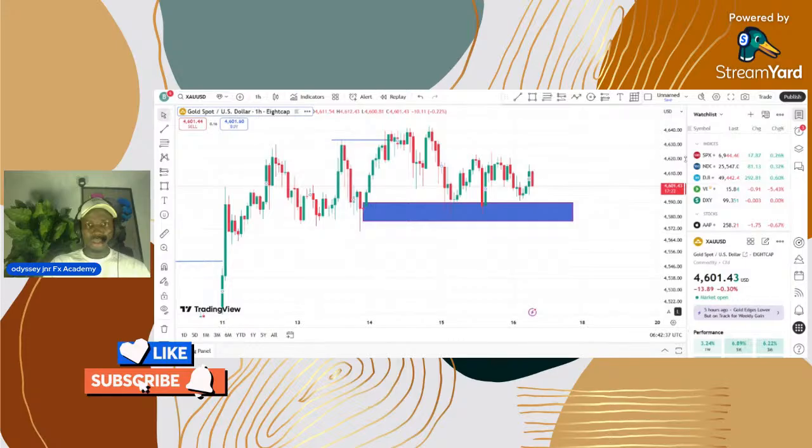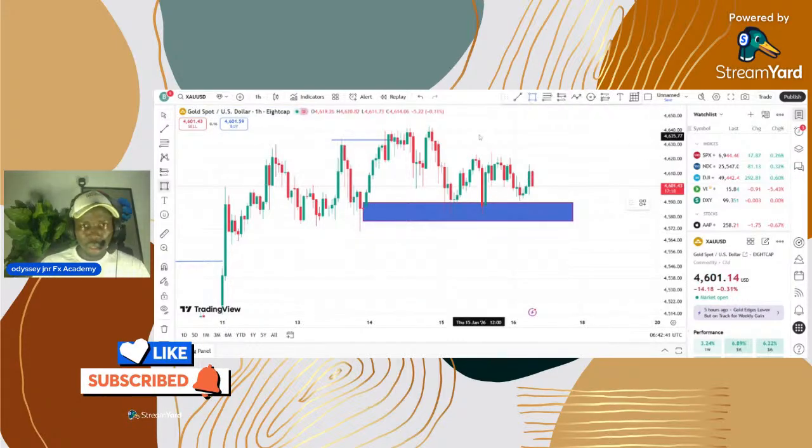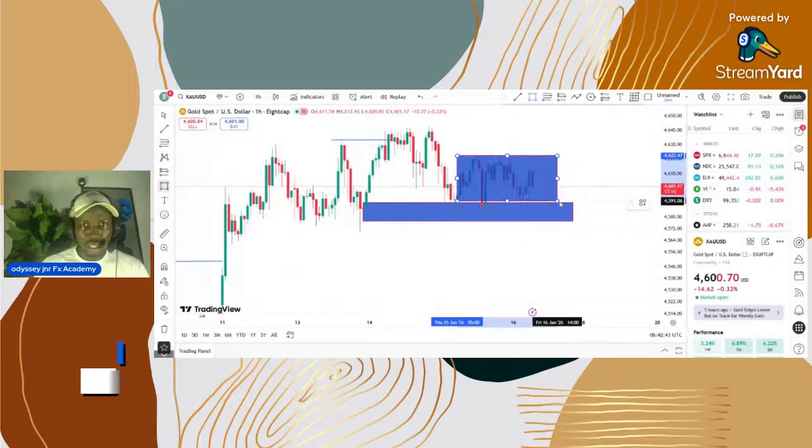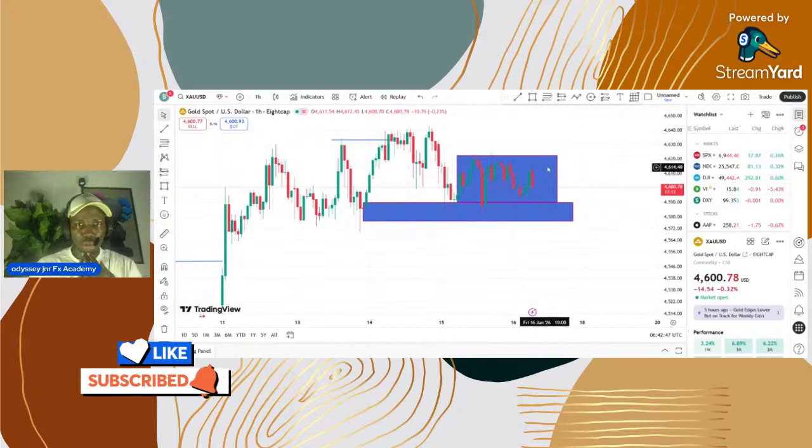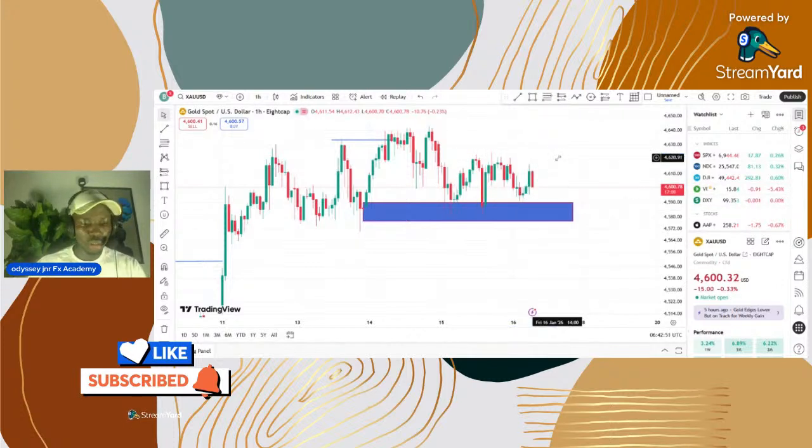And that's the reason you see it has been giving this kind of movement around here. So it's reacting to this order block now. Let's go to the 15 minutes and see what we have.